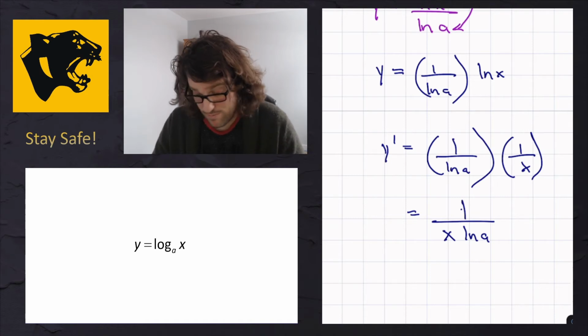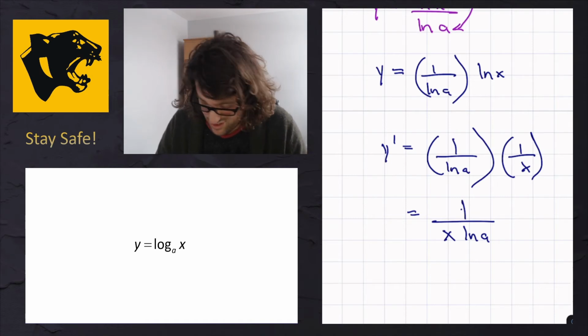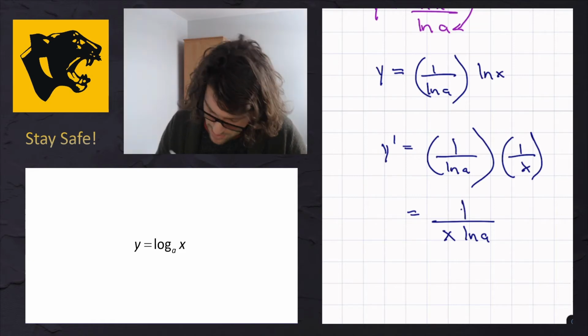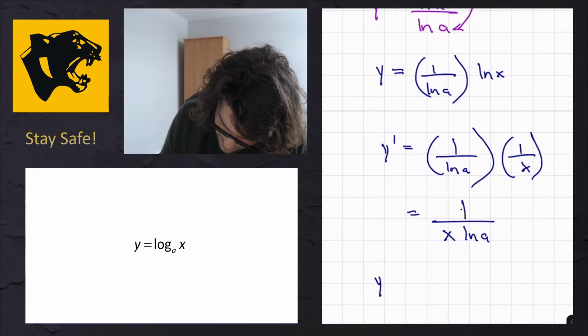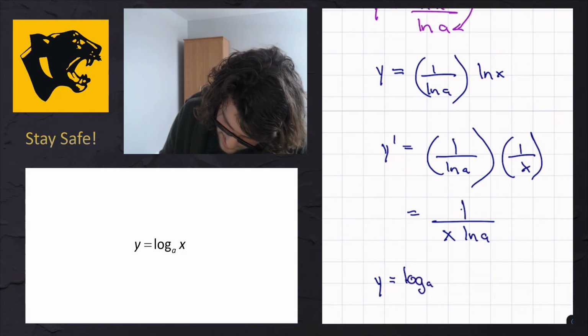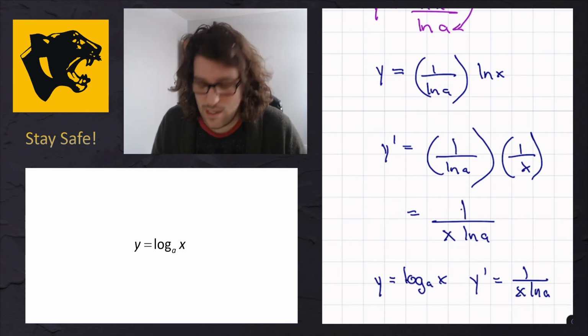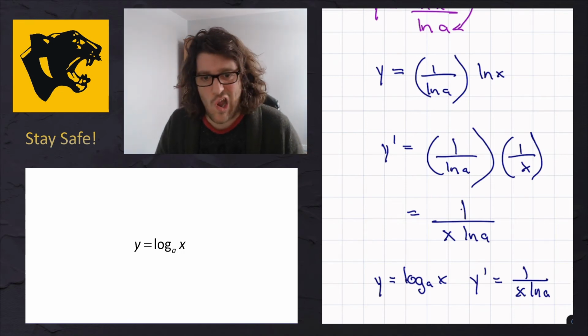Not for any good reason, but I'm going to put the x out front just because it looks a little tidier. We can separate the x and the A that way. And so we have our end result that if y is equal to log base A of x, then y prime is equal to 1 over x ln A. So that is the result of the logarithm of any base.